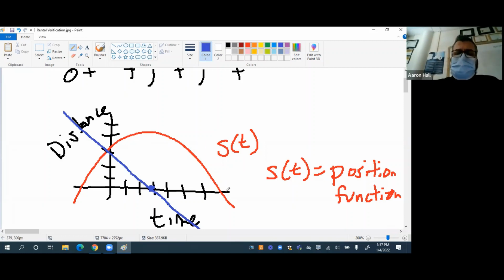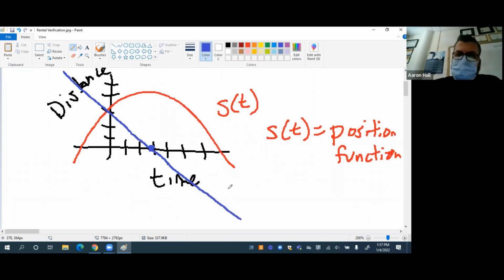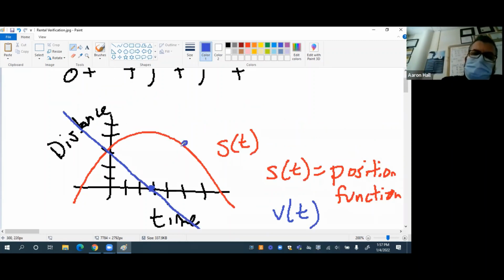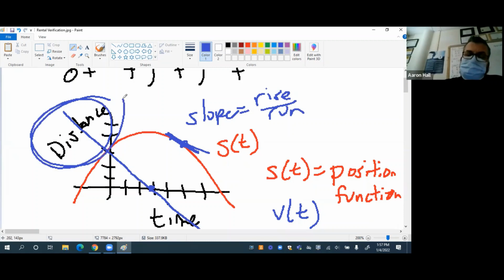Okay, so this is my graph, my v of t, or our first derivative. So v of t is, well, what? When we talk about the slope at any given point of a position function, slope is defined by rise over run, and the rise in units is what?